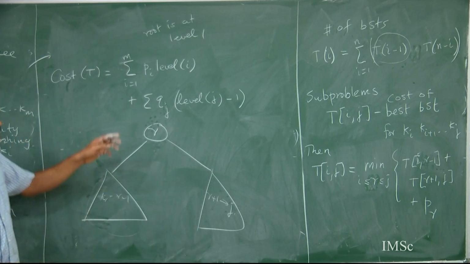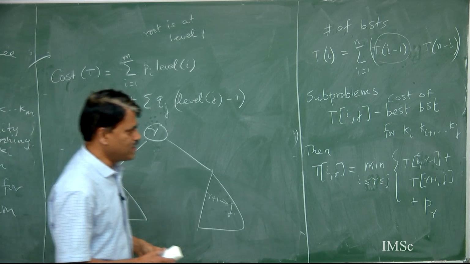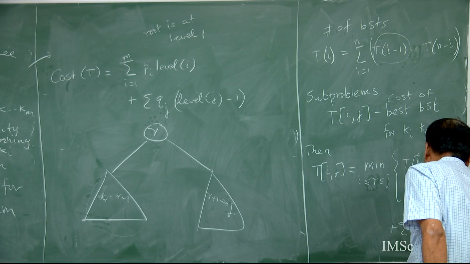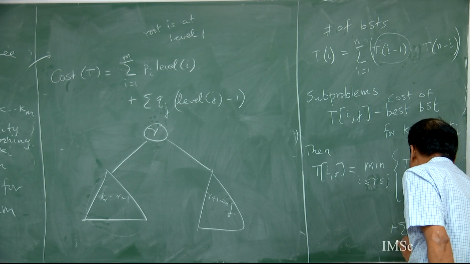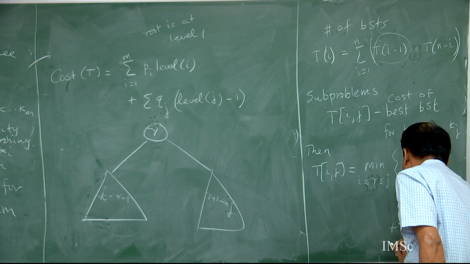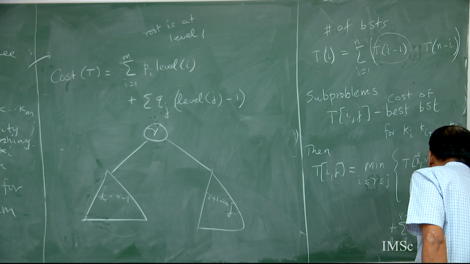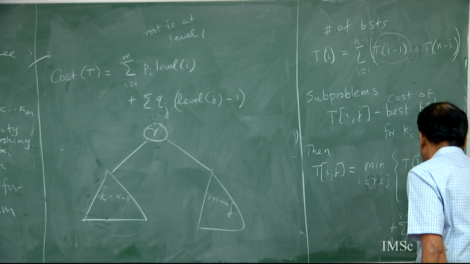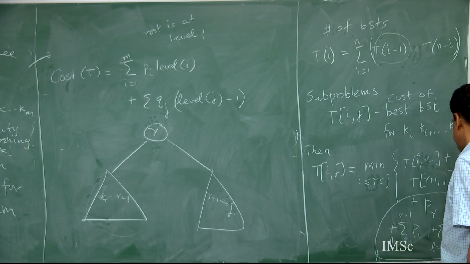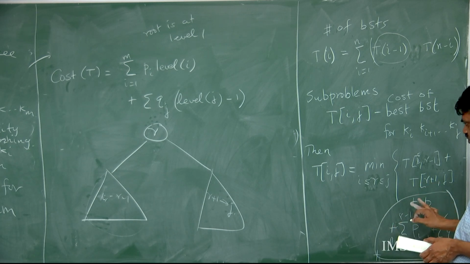So, it's just summation pi plus qi. So if you include this, 1 to R minus 1, plus similarly the right, the whole thing, it turns out if you include PR also, it is the sum of all successful and unsuccessful gaps in frequencies in I to J.